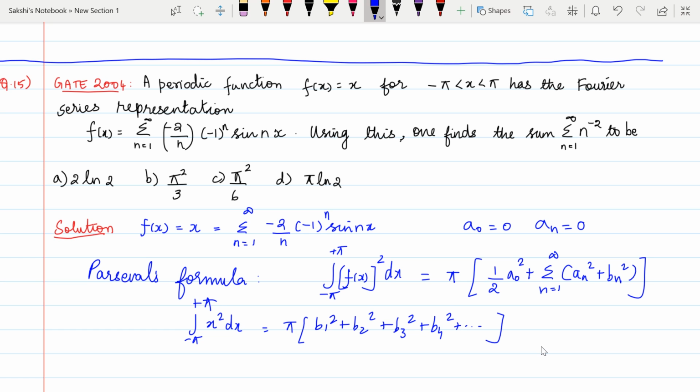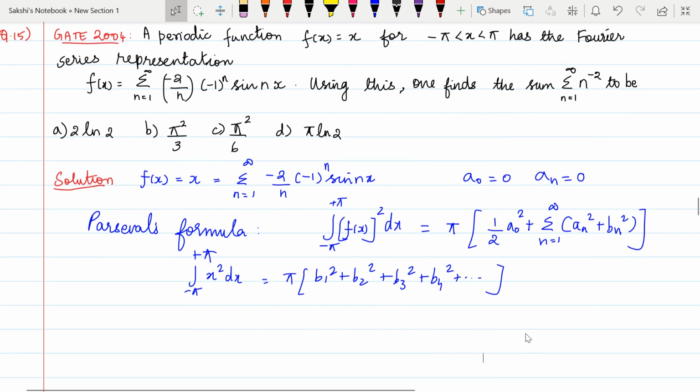Okay, so we are going to use the Parseval formula here in order to solve this question, because we need the n square term. We do not have n square over here. Even if you consider this n over here, only if you square this are you going to get it. So you can't directly square a given function and find the answer. So you're going to use Parseval's formula over here, and you're going to find the answer for summation 1 by n square.